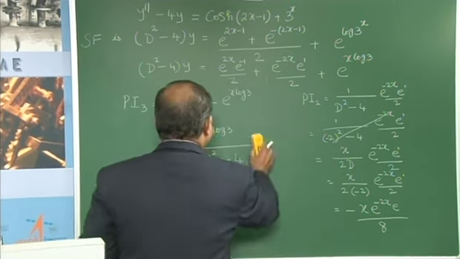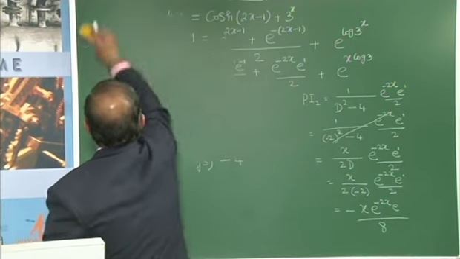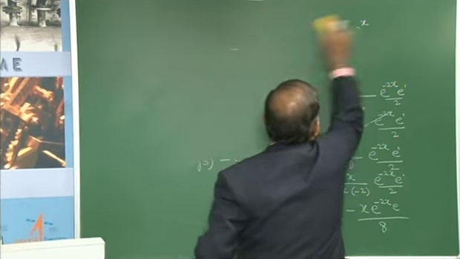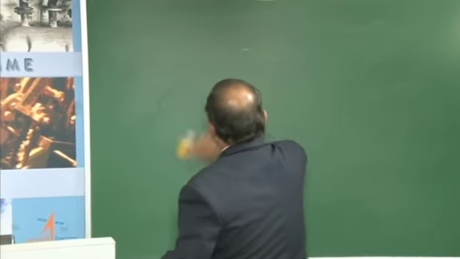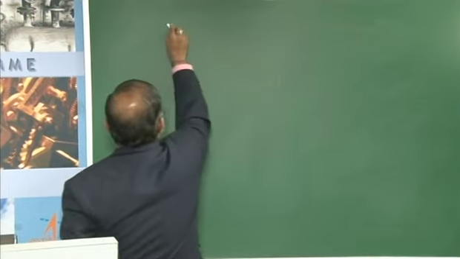So what is the total solution of the given differential equation? It is complementary function plus particular integral 1, 2 and 3.